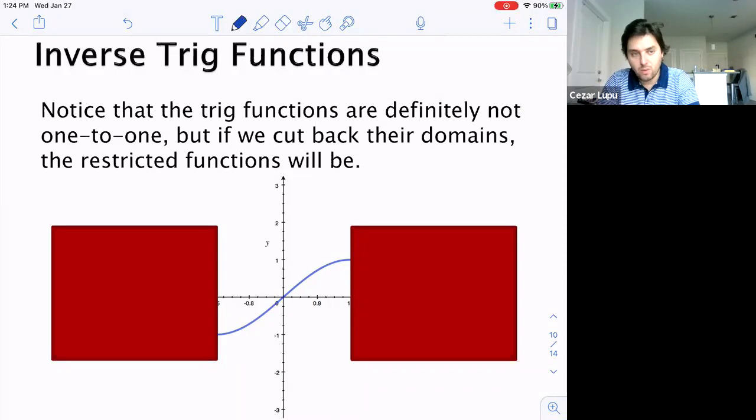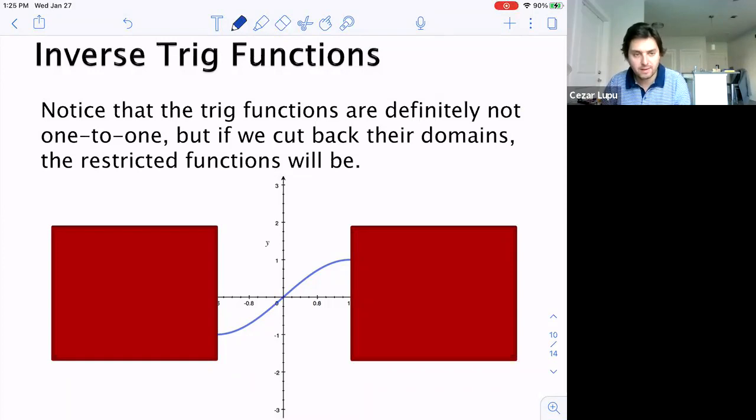So clearly the trigonometric functions are definitely not one-to-one. But if we cut back their domains, if we restrict them to some smaller domain, maybe they will be. And we will see how this will happen. So keep this in mind.